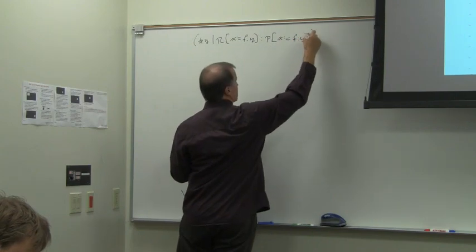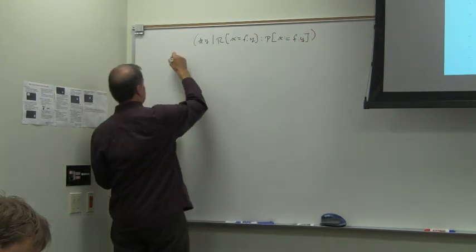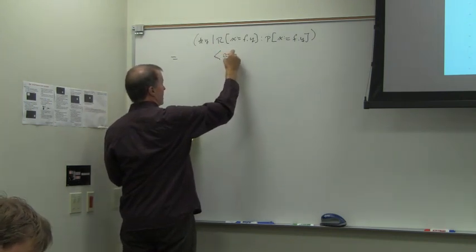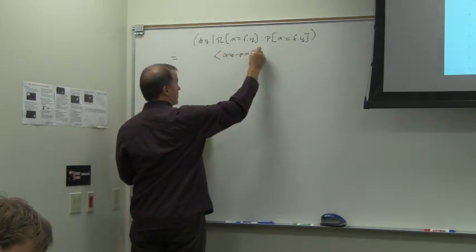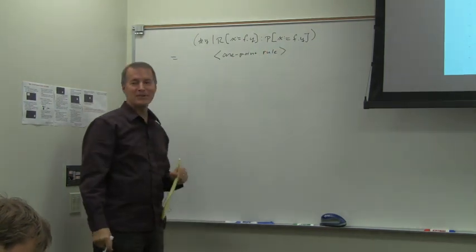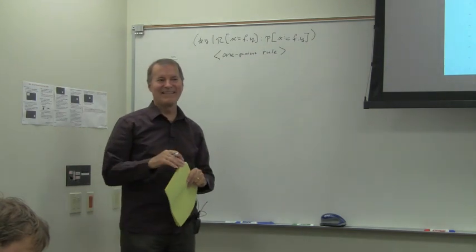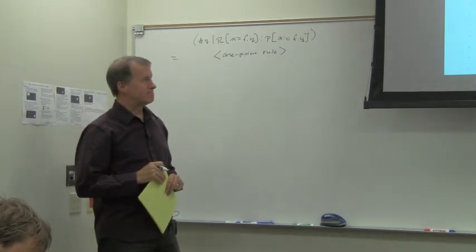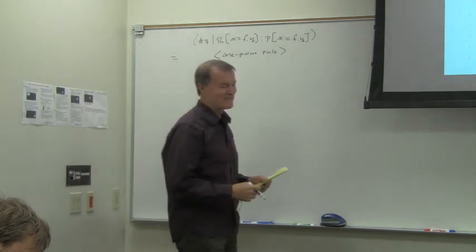So what are we doing? We're starting with the right-hand side. We're trying to get it to equal the left-hand side, right? So this equals by the 1 point rule. Now, who wants to go first? I'll help you through it. What does that first hint say? What is the 1 point rule?